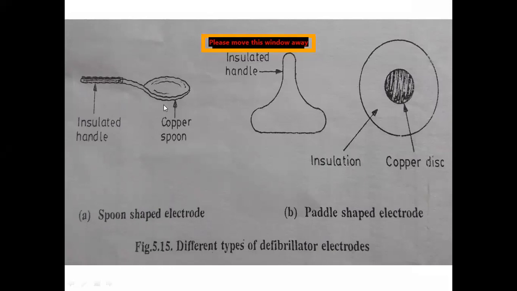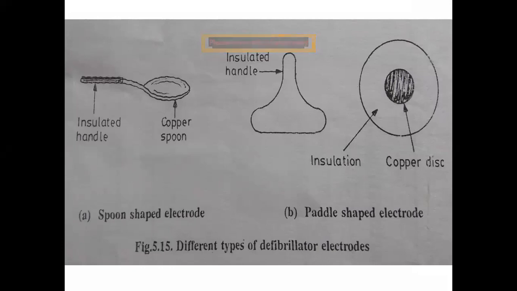This spoon shaped electrode is placed in the heart whenever a heart surgery is done. We place this copper spoon near the ventricles of the heart when open heart surgery is done.